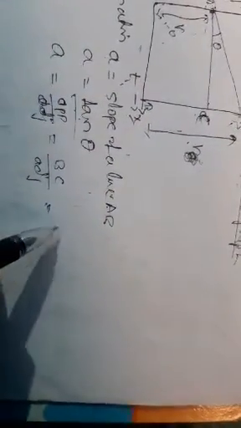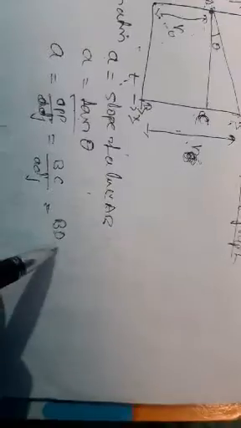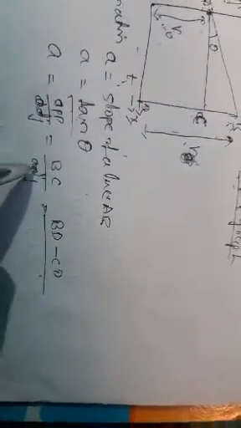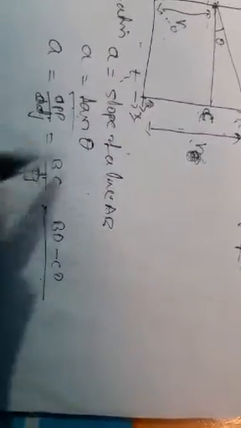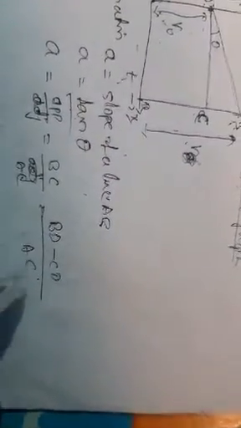The BC line is the opposite side and the AC line is the adjacent side. BC can be written as the total final velocity BD minus CD, divided by the adjacent side, which is AC.